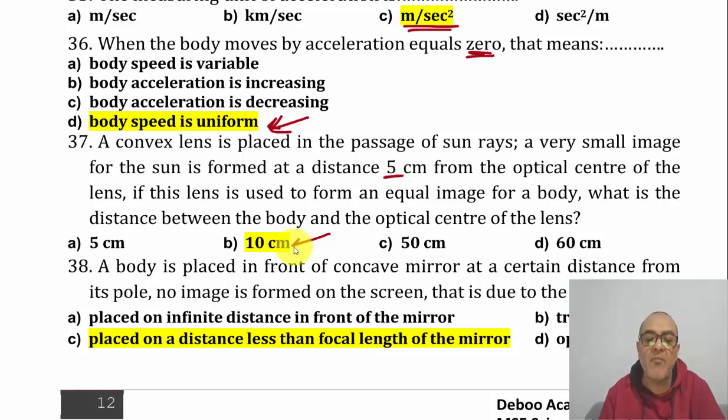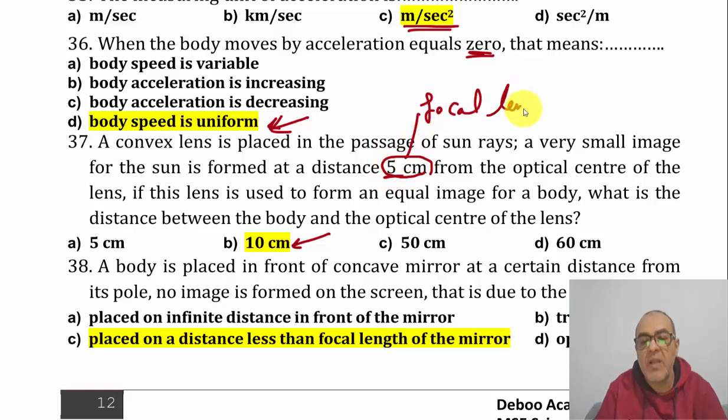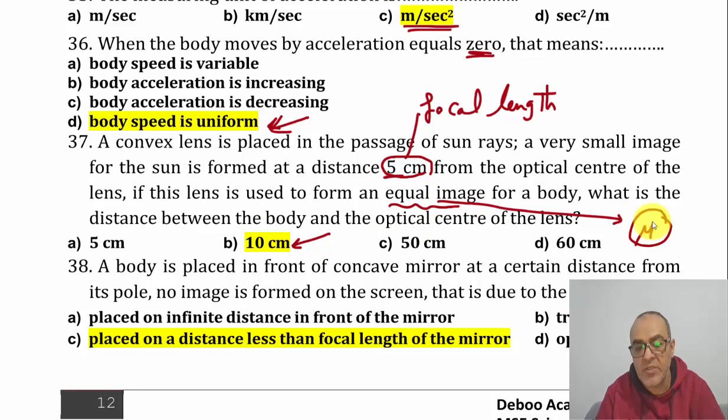The image of the sun is formed at the focus, so 5 centimeters is the focal length. And here he wants an equal image. We said the equal image is formed at the center of curvature, which is double the focal length, so it's at 10 centimeters.